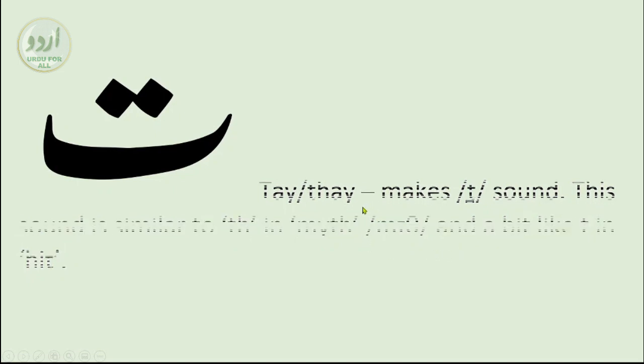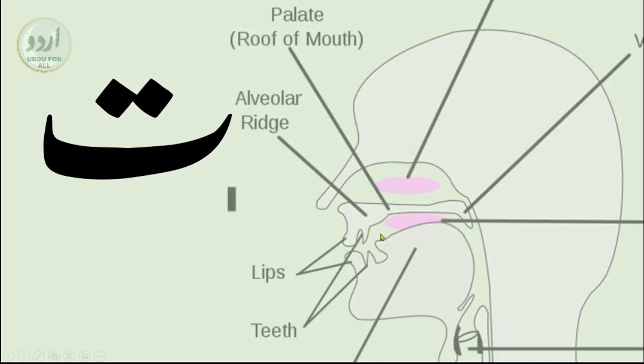Let me show you how to produce this sound. When I want to make the sound like in hit, I'm bringing my tongue close to the alveolar ridge and blocking the airflow altogether. T, t. And when I'm making th sound, I bring my tongue in between my teeth. In order to make this sound, bring your tongue to the back of your teeth and then you stop the air.